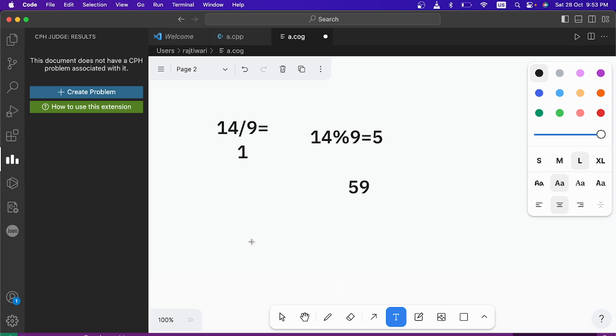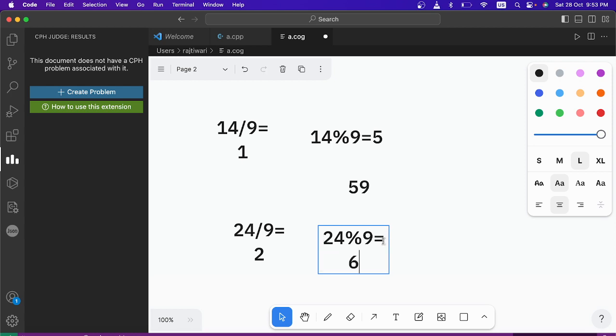For 24, 24 divided by 9 gives 2, and then 24 modulo 9 gives 6. So what would be the number formed by this?